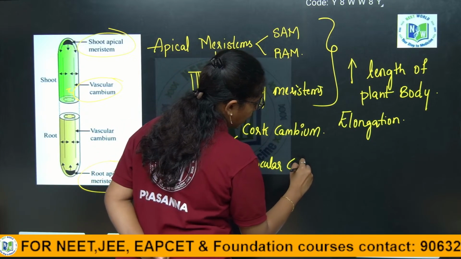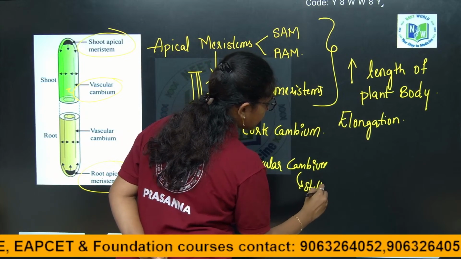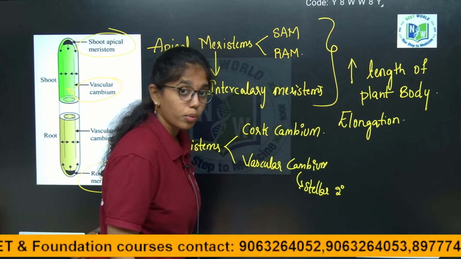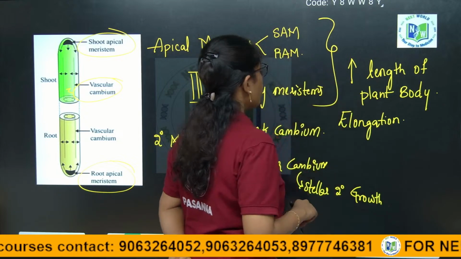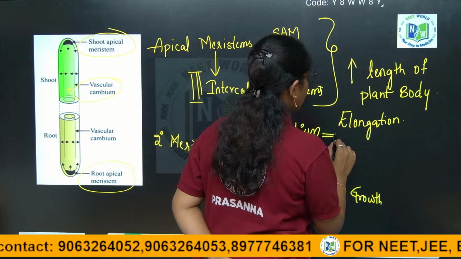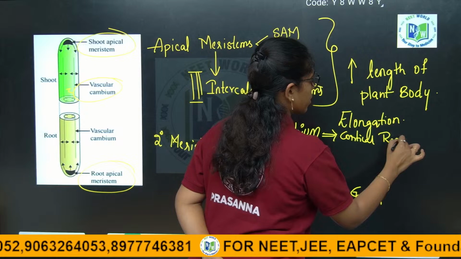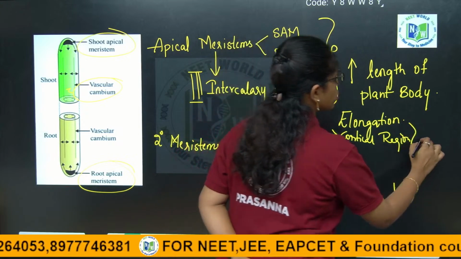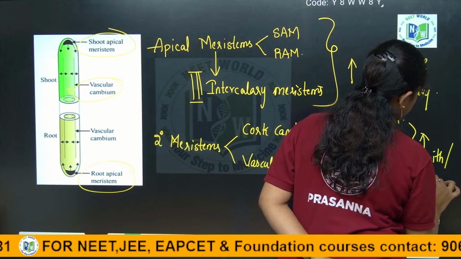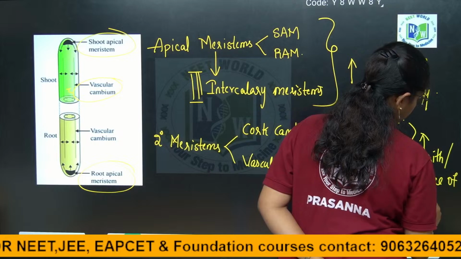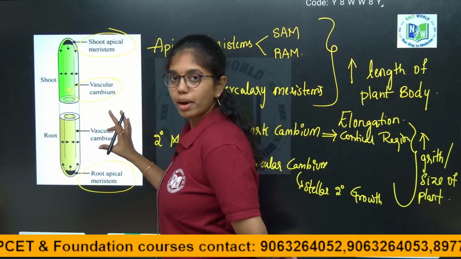Vascular cambium will conduct stellar secondary growth, whereas cork cambium will conduct secondary growth in the cortical region. Their main activity is to increase the girth or size of the plant body. Clear? This is what you have to observe mainly.